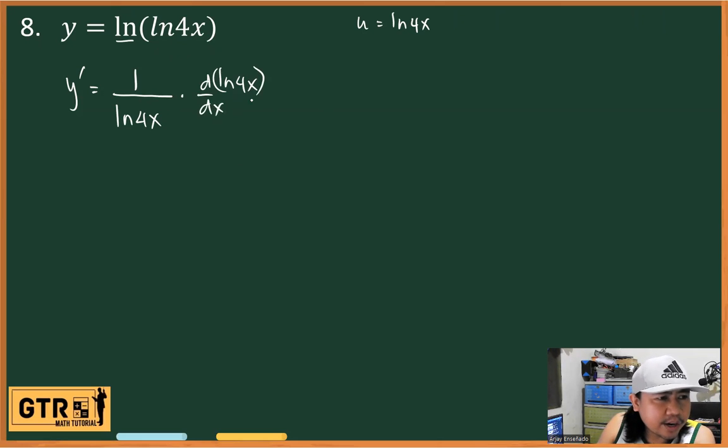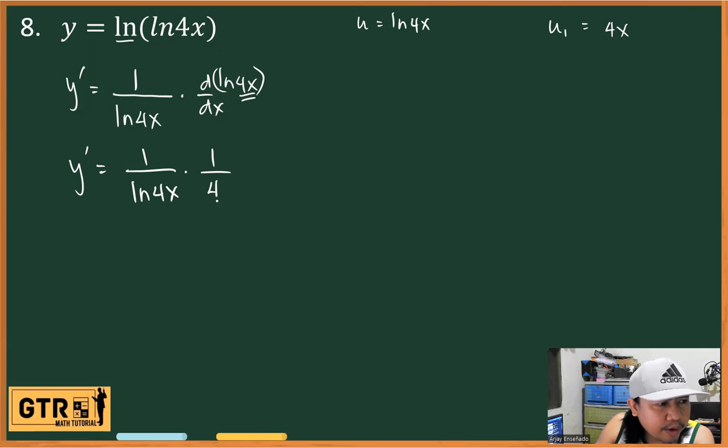So now for this term, we have another u. Or let's put u sub 1. So u sub 1 here for this term is only 4x. The ln is not included anymore. Okay? So therefore, we have y prime is equal to, just copy this term, 1 over ln 4x times the derivative of ln 4x, this is our u. So we have 1 over 4x times the derivative of 4x with respect to x.